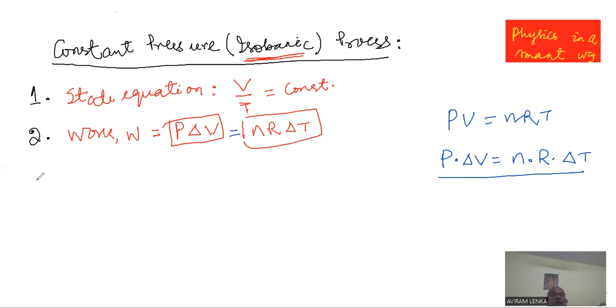Okay. Number three, that is the first law of thermodynamics.